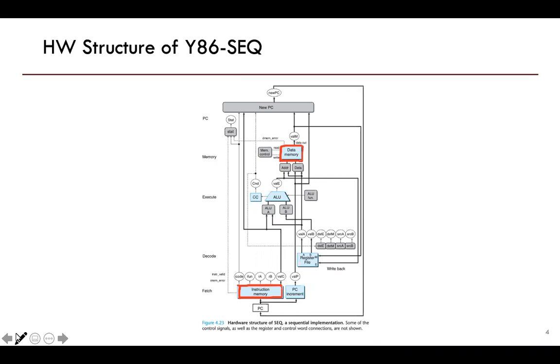This structure is called Harvard style architecture, and it stores machine code and data in different memories. Then it is easy to implement the fetch and memory units because they are not related. They don't have to communicate with each other. Then there will be some simple control signals.